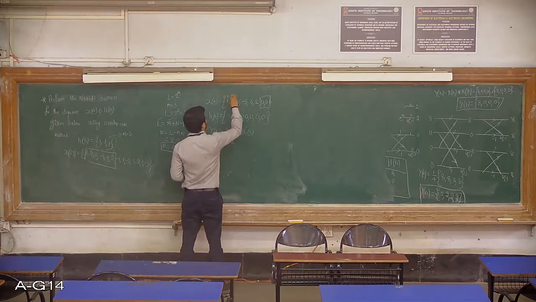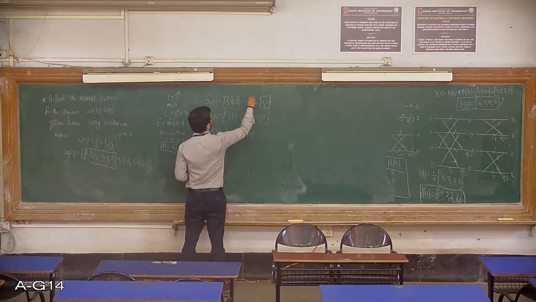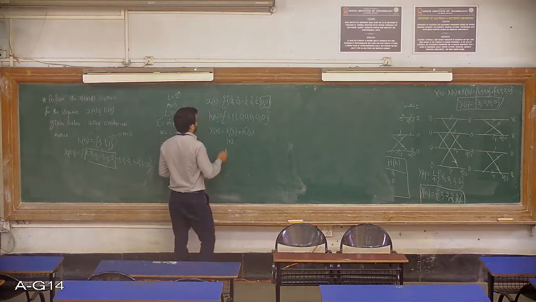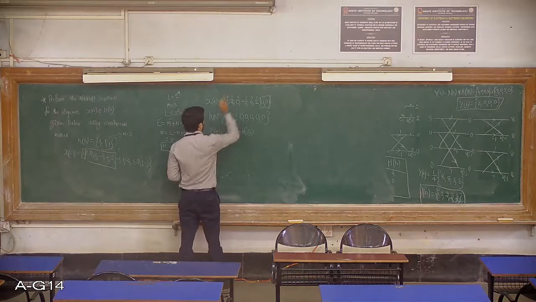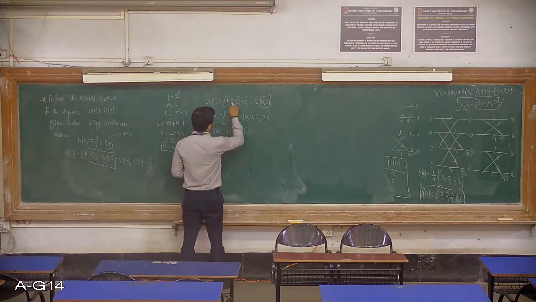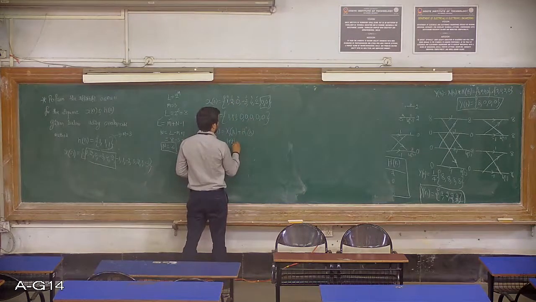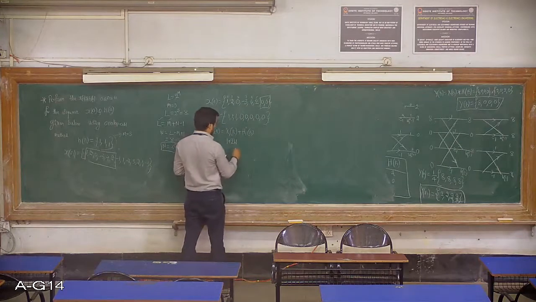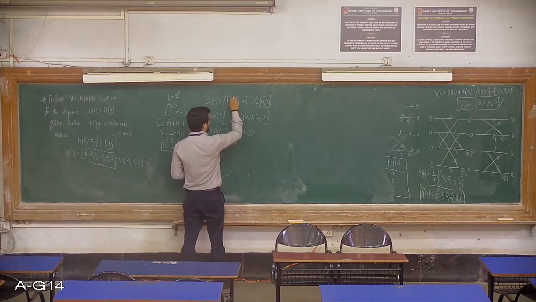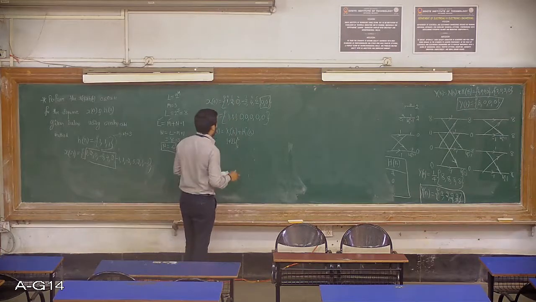So 0, 1, 2, 3, 4, 5. Remember this one, right? So 1 into W8 of 0. W8 of 0 is obviously 1. Here k value, right? So here W8 of k, because 1 is there, n equal to 1. So I will write 1k.